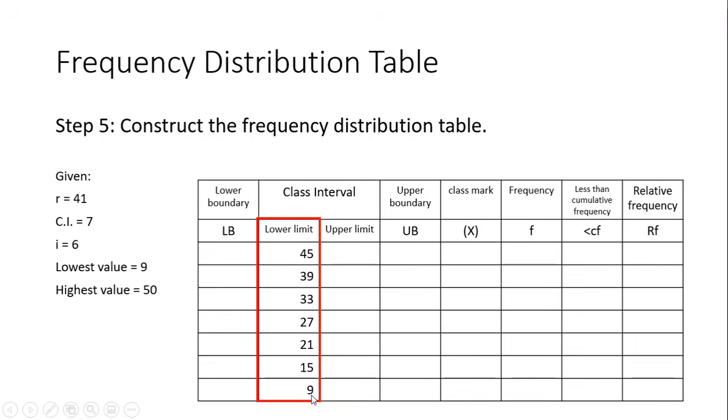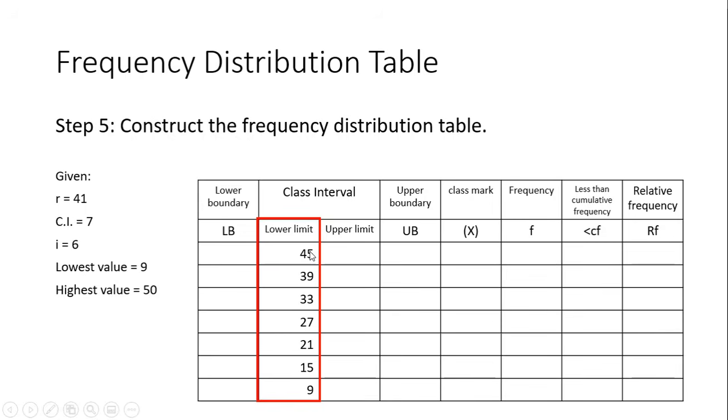You place it at the bottom cell, and then for you to get the succeeding cell, you just add your class size. So 9 plus 6 equals 15. 15 plus 6 equals 21. 21 plus 6 equals 27, and so forth.